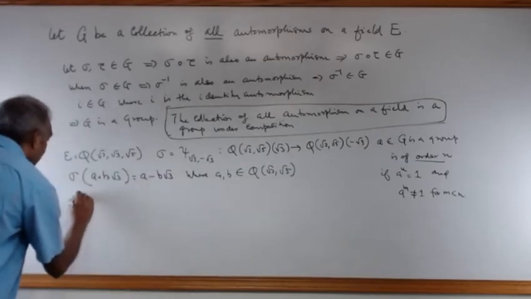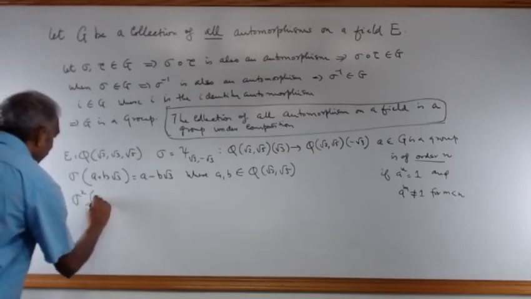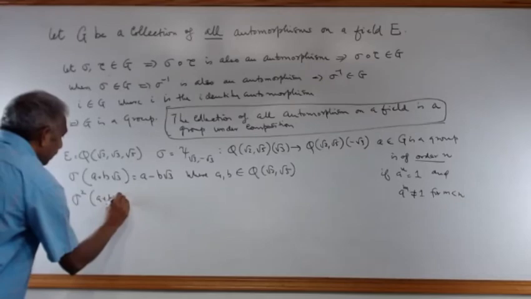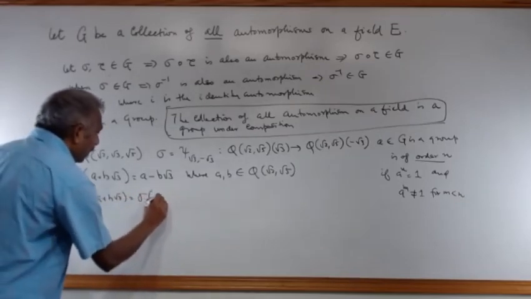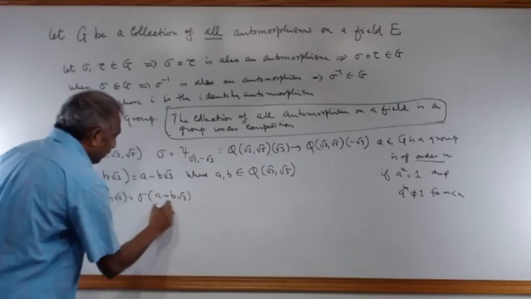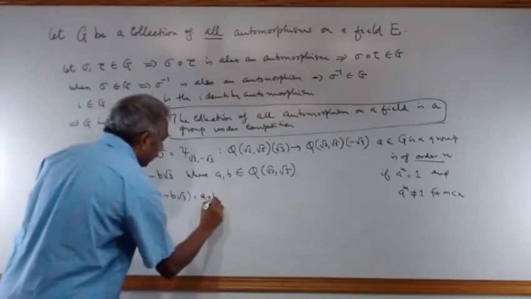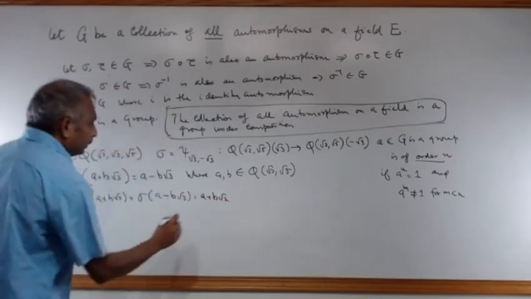So what is sigma square of a plus b root 3? It is equal to sigma of a minus b root 3, because this is again sigma, so that is equal to a plus b root 3.